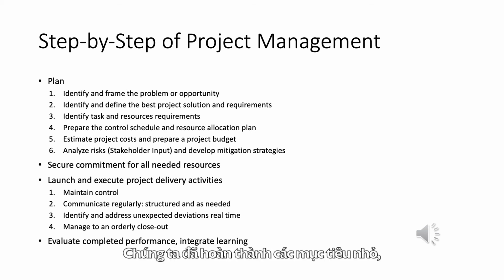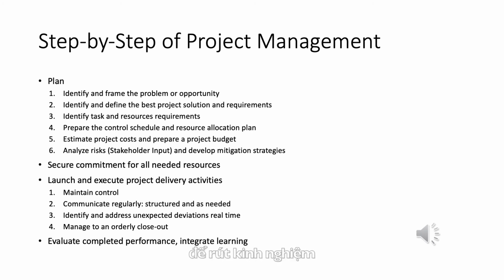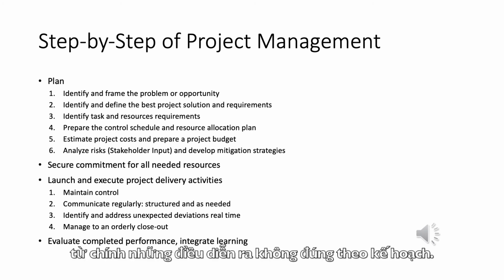Did we meet our detailed objectives in our budget and our schedule, or did we not? And why did we not? We need to do what's called a root cause analysis at this point to figure out what we can learn from the places where we deviated significantly from our plans.